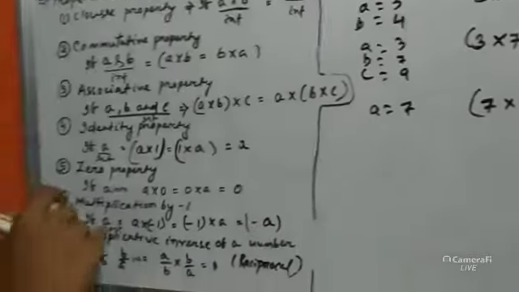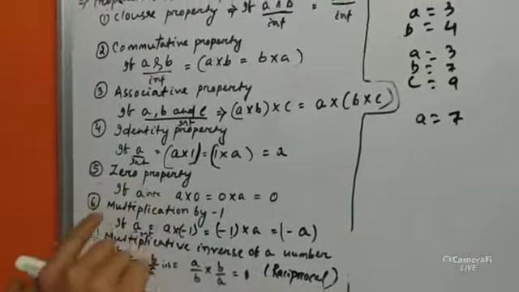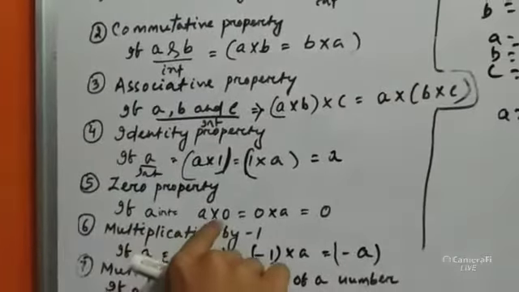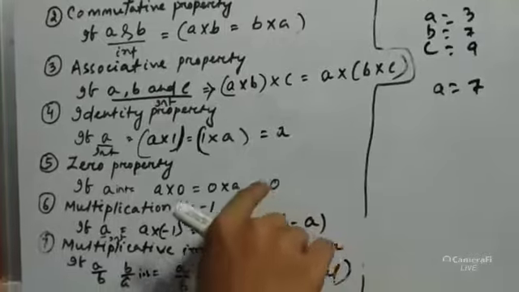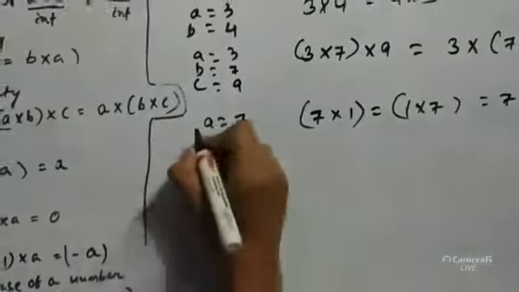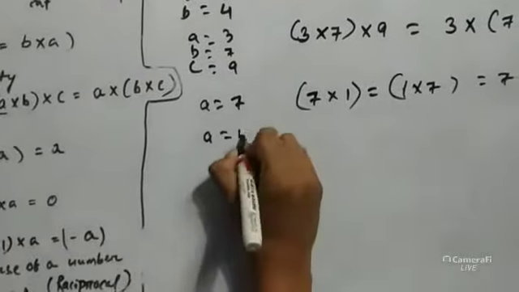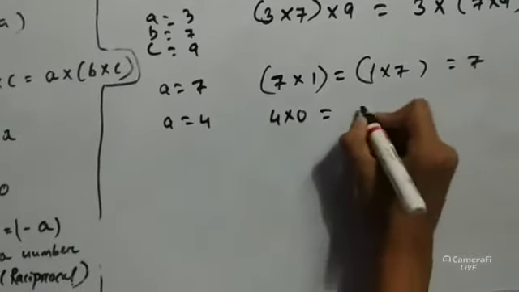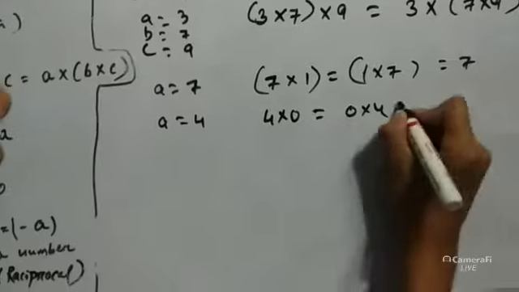Right? Now we'll discuss zero property. If a is an integer, then a into 0 equals 0 into a equals 0. A equal to 4, then 4 into 0 equals 0 into 4 equals 0.